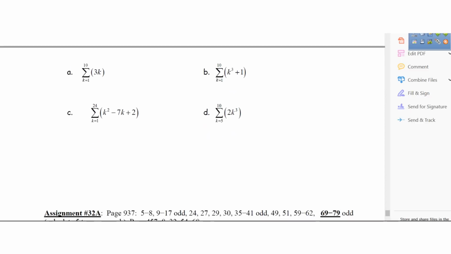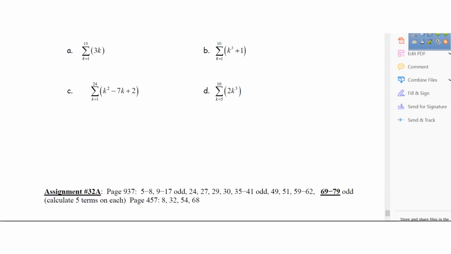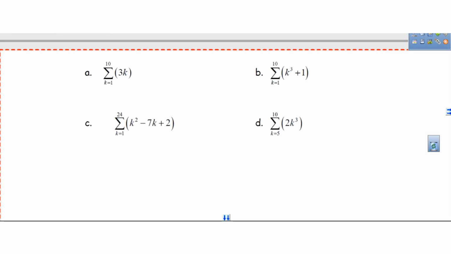I didn't leave myself a lot of room to do these. I think my formatting is off from yours. So anyway, I don't have a lot of room, so it's going to be squishy. Okay, see this 3 right here, guys? Do you see how it's multiplied by the k? I'm going to take the 3 and pull it right there. You can push it in front if it's multiplied by something.